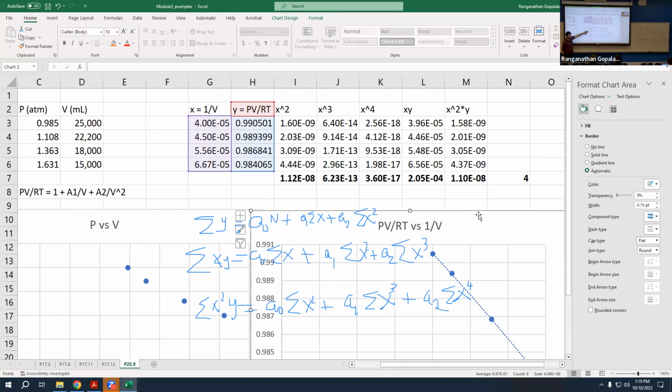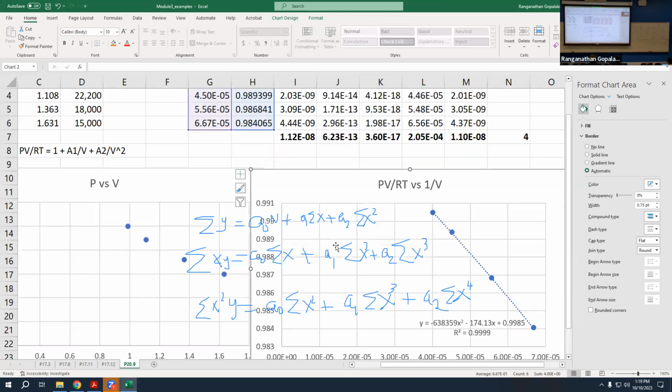That makes sense? If you can use Excel to give you these coefficients directly, go for it. That's up to you. So if you substitute for sigma x, sigma y, and all these coefficients and you solve, you should get.